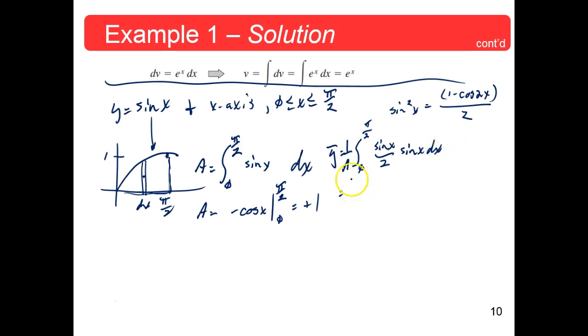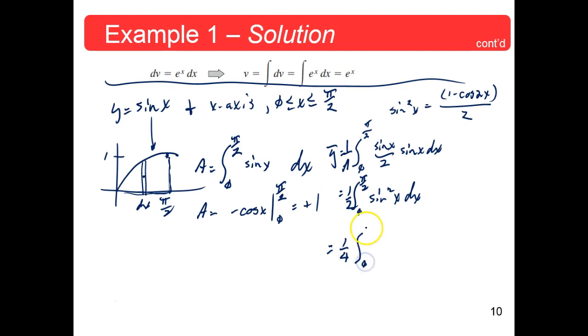Now, hopefully this will begin to make sense. The A is just going to be 1, so I'm going to forget about the A now. 1 over 1 is 1. Integral from 0 to pi halves. And here's the 1/2. I'm going to pull that on the outside. And here's your sine squared x dx. And they say use this substitution here. So sine squared x is 1/2 of this. So I'm going to pull another 1/2 out. So that would be 1/4.